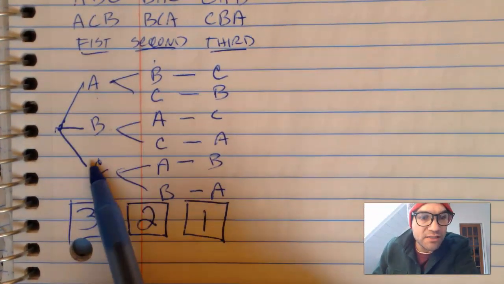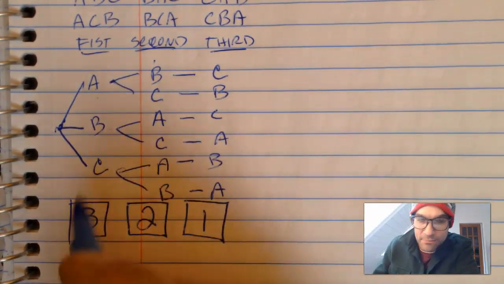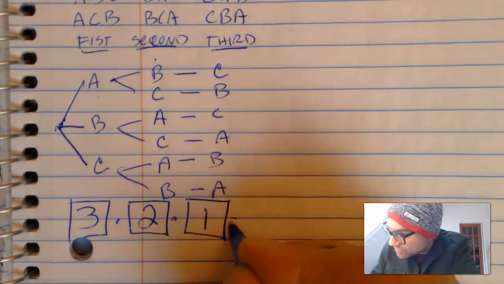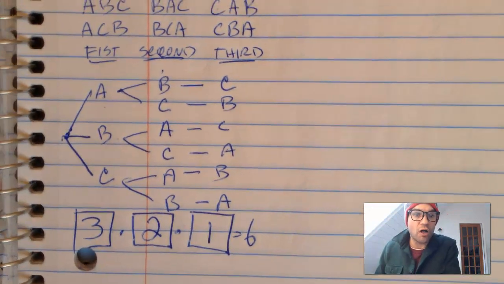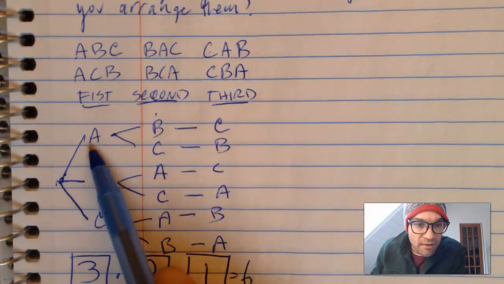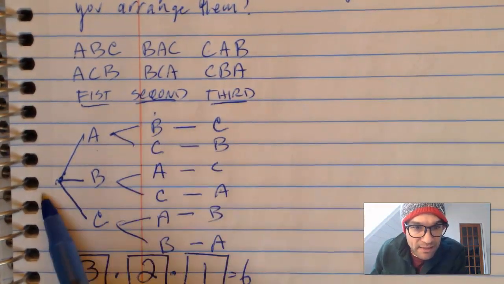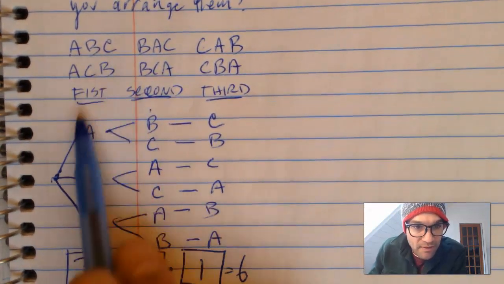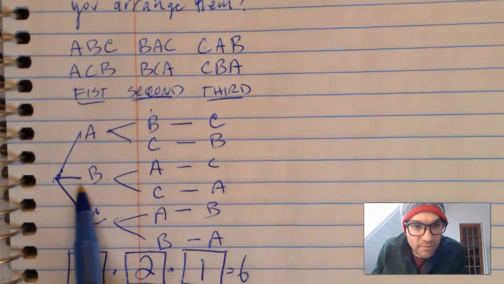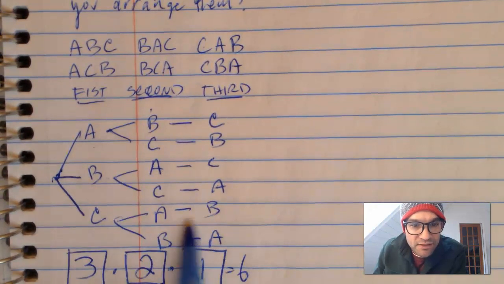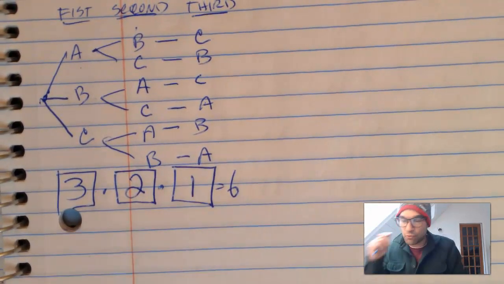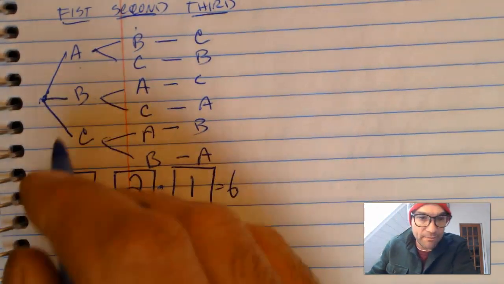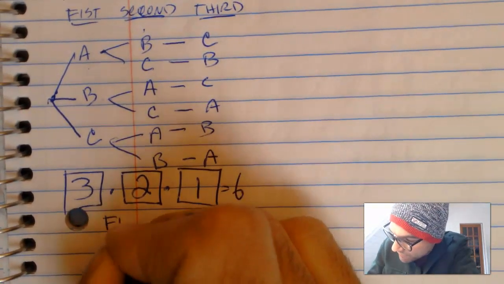And if you notice, 3 times 2 times 1 gives me those 6 arrangements overall: ABC, ACB, BAC, BCA, CAB, and CBA. This 3 times 2 times 1 actually has a special name. It's called factorial.